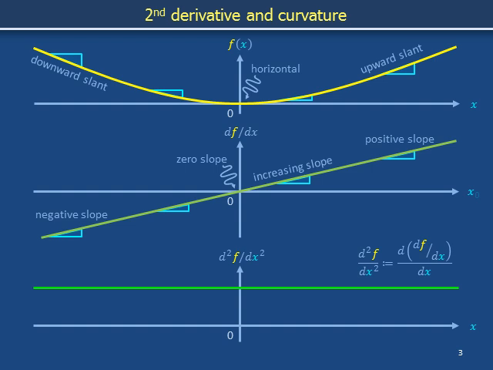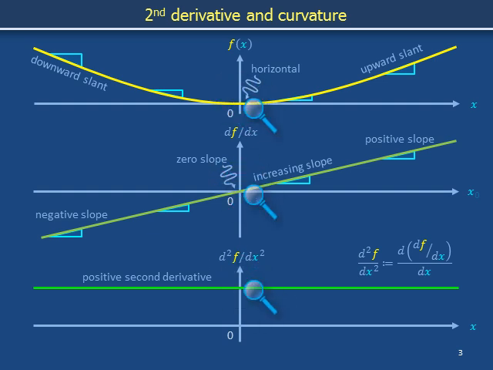The plot of the second derivative quantifies the slope of the plot of the first derivative. Thus, the plot of d squared f dx squared has everywhere positive value. It is important to observe that the value of the plot of d squared f dx squared evaluated at x equals 0 in this example is positive, indicating upward curvature of the plot of f of x versus x about that point.